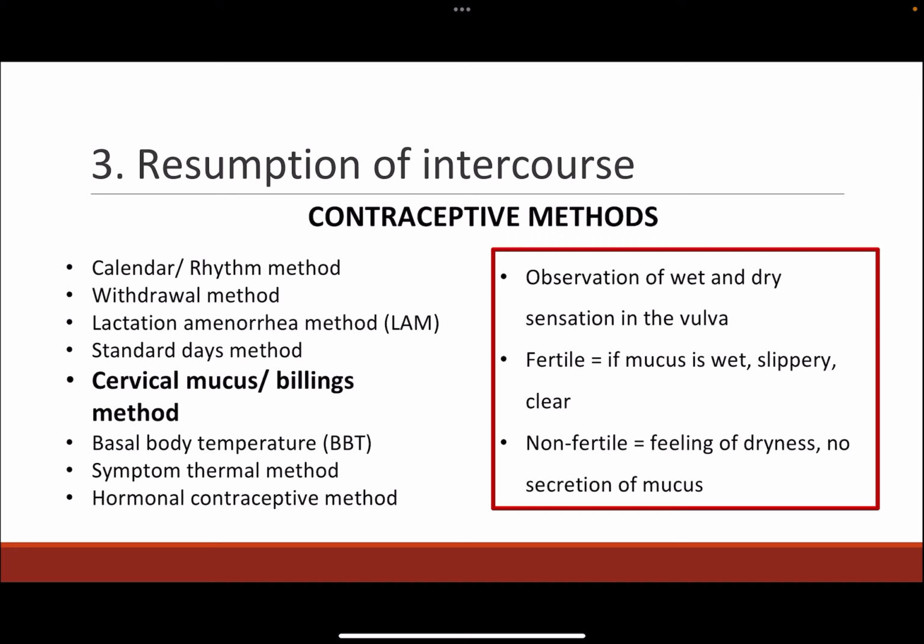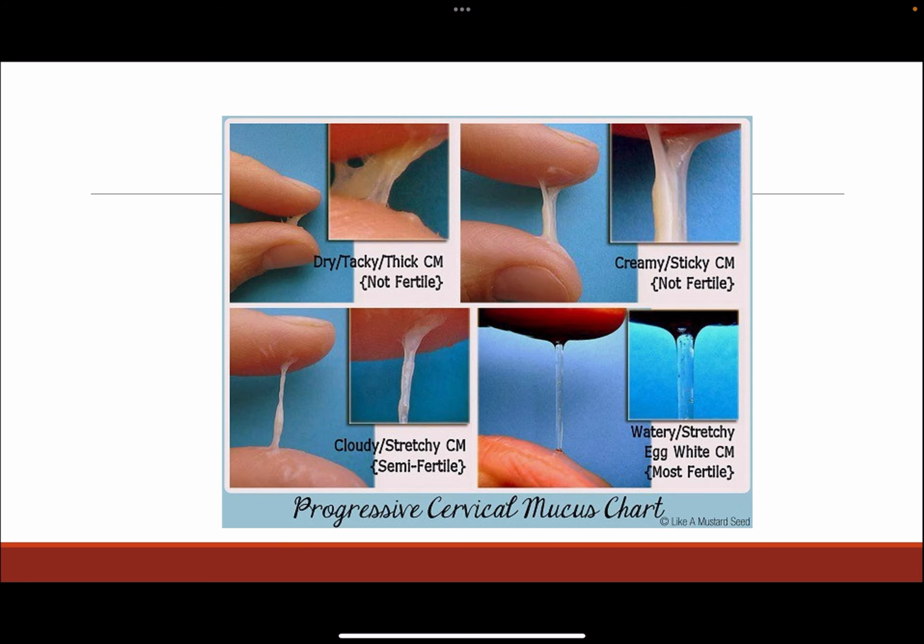So we have also the cervical mucus billings method, the observation of wet and dry sensation in the vulva. If mucus is wet, slippery and clear, it is fertile. A feeling of dryness, no secretion of mucus, is non-fertile. So these are examples.